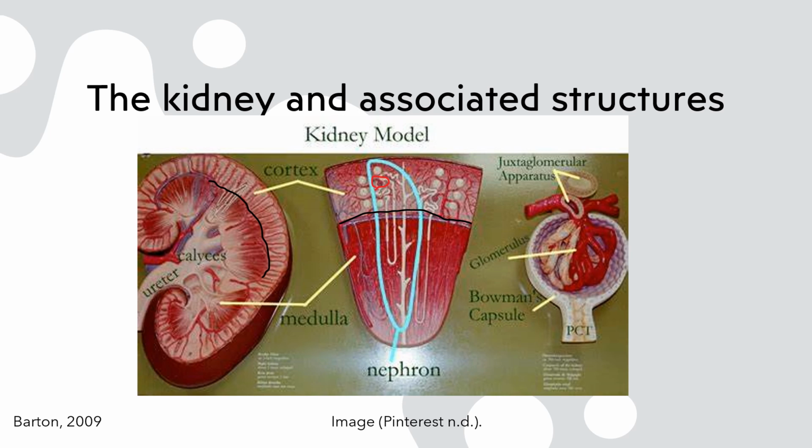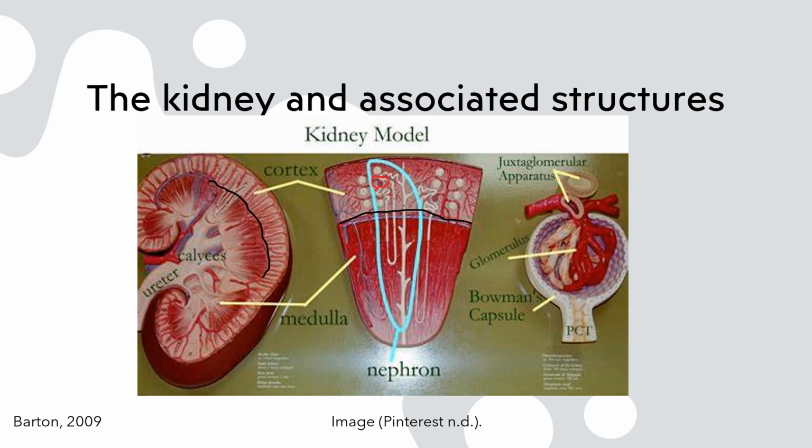I have drawn a black line on the kidney to indicate that everything above this line is considered the cortex, and everything below this line is considered the medulla. The cortex means the outer section of the kidney. Medulla means the inner section of the kidney.